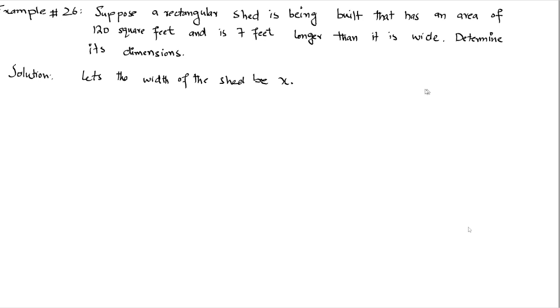So let me draw the shed. We have a shed of rectangular type whose width is x. Then according to the given statement, its length is 7 feet longer than the width, so its length will be x plus 7.